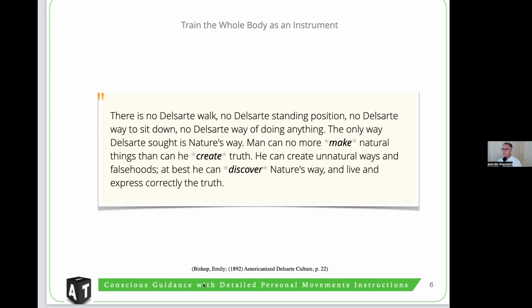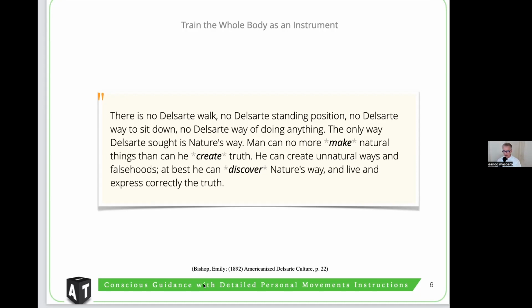But that's not Delsarte's idea. Delsarte is completely opposite, and he thinks that it's through the use of the mind, through the use of reasoning, through the use of analysis, that we can start to understand the movements that are making the gestures.